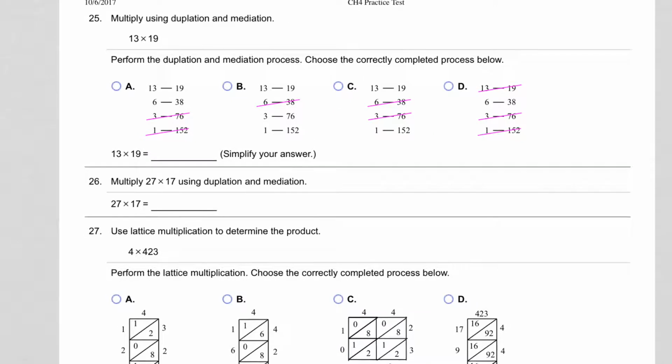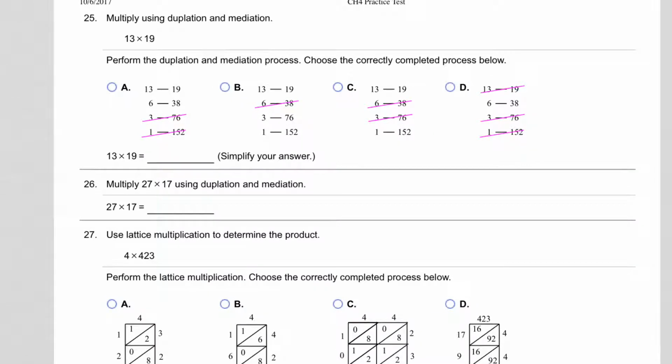And now we can see it in action over here on number 25. And number 25, basically, you can see the 13 being divided by 2 and the 19 being doubled. Okay, those are all the same numbers. The question here, number 25, is on the fourth step, you're supposed to cross out the even numbers on the left side and its corresponding partner on the right.